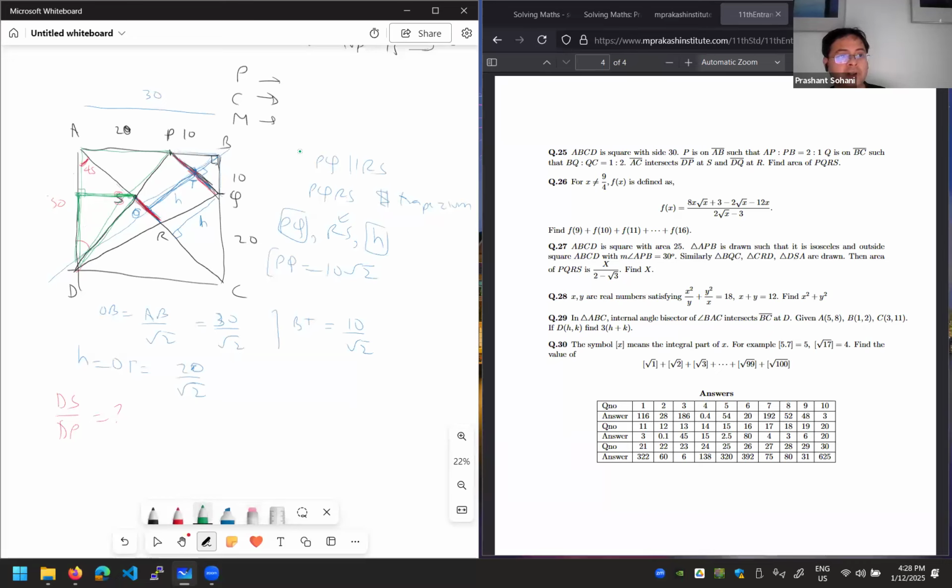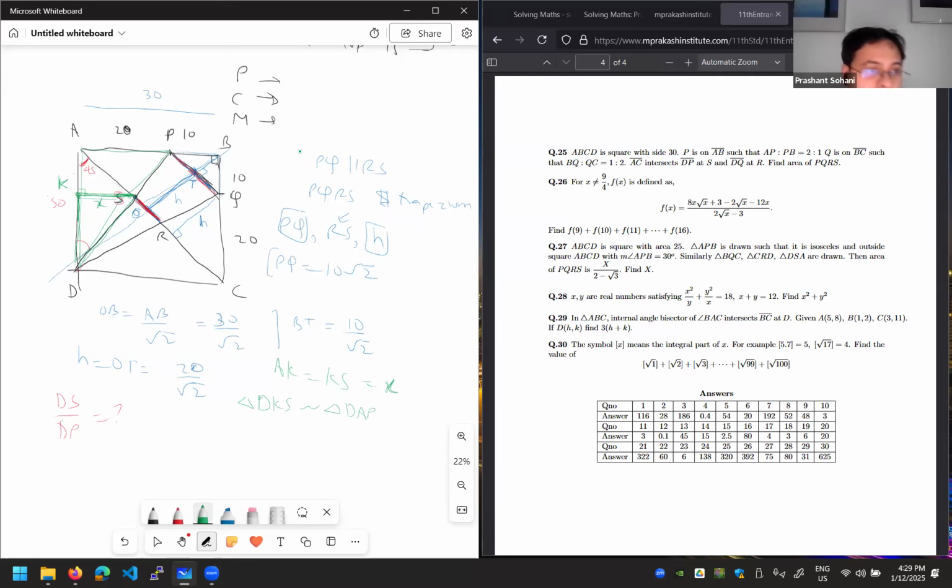If I call this point K, then I know AK is equal to KS. So that will give me something. The length of AK and KS, which I don't know, I'll call X. Then triangle DKS is similar to triangle DAP.